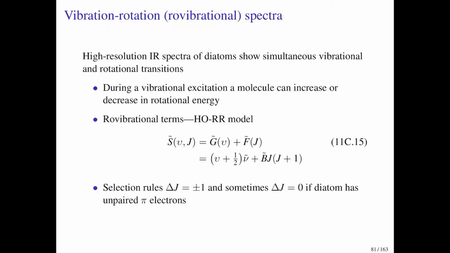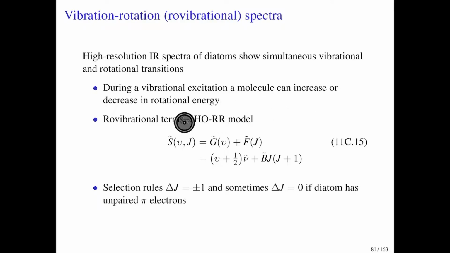As the molecule is excited vibrationally, the molecule can also increase its rotational energy, or it can decrease its rotational energy. So you can have changes in the rotational quantum number that accompany the change in the vibrational quantum number. It's a little counterintuitive, but we're going to combine the harmonic oscillator model with the rigid rotor model.